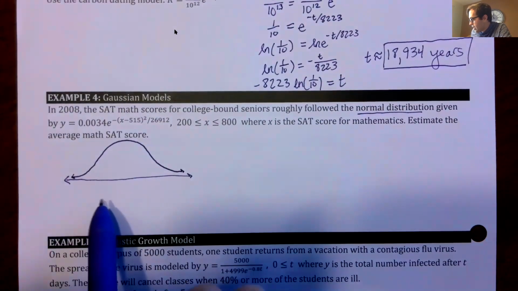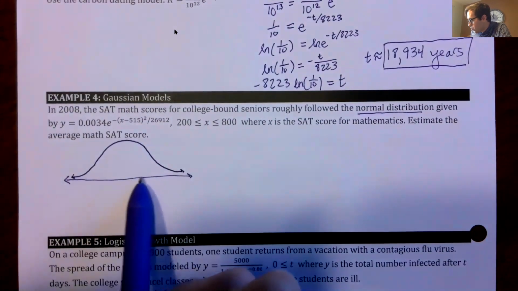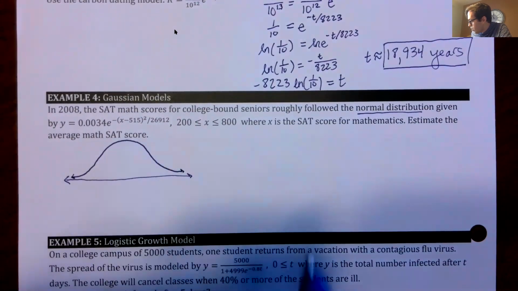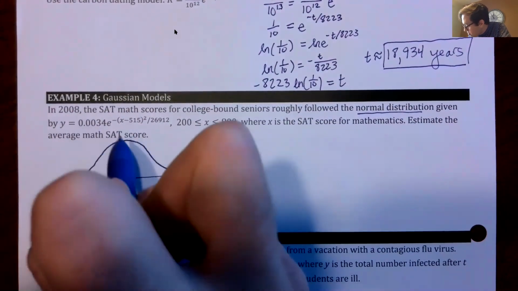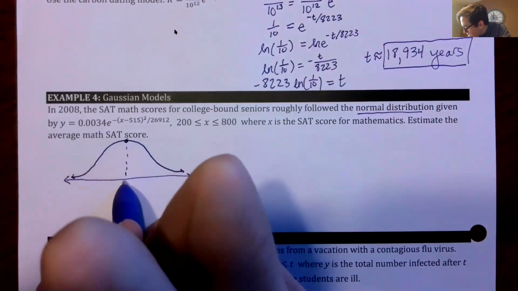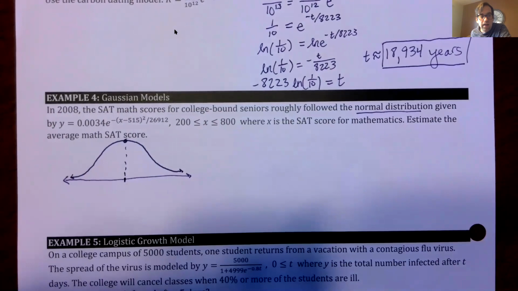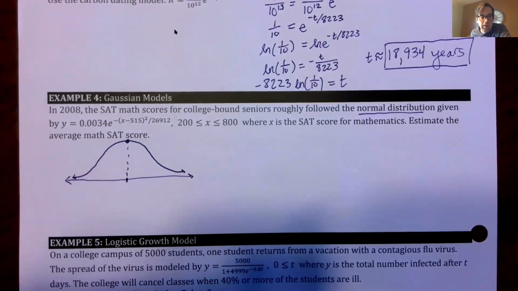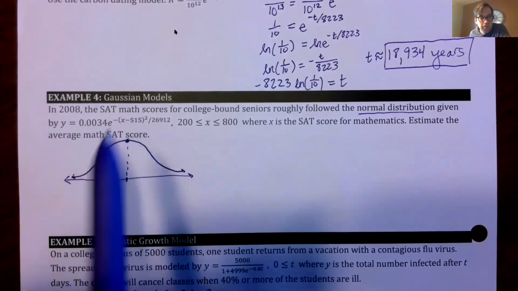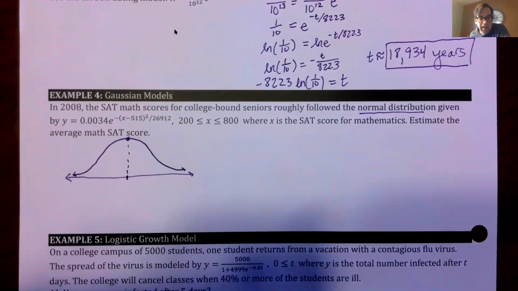And that's telling us the number of people who scored each score. So we're going to be going from 200 to 800. What we're looking for is the average math score, which always happens right at the center of a normal distribution. So we need to figure out what that center value is. Notice that this is technically an exponential function because it has x in the exponent.